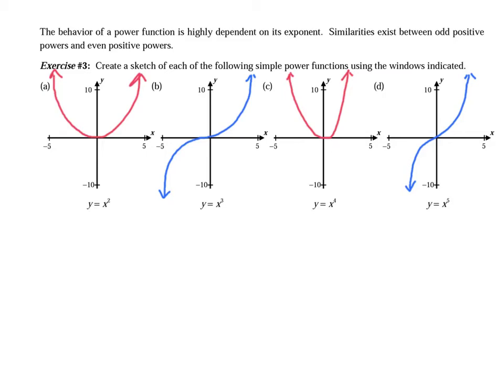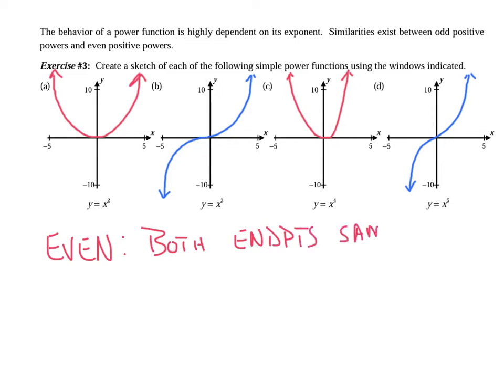So what do we have in common here? When you look at an even-powered function, such as x squared or x to the 4th, both endpoints go in the same direction. What we're referring to there is that the endpoints are the arrows at the end. In this case, they're both heading towards positive infinity.